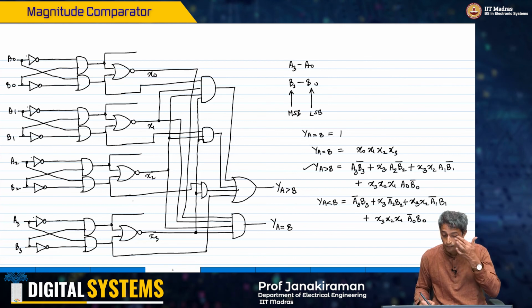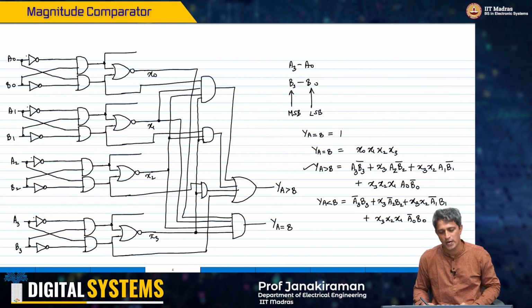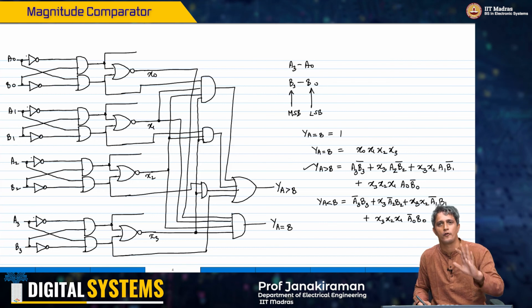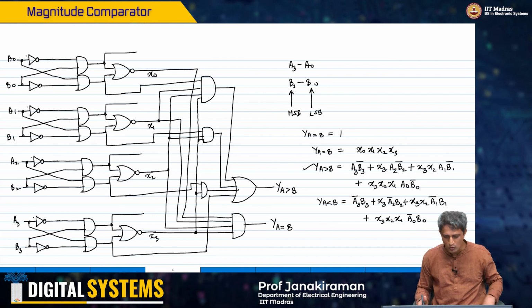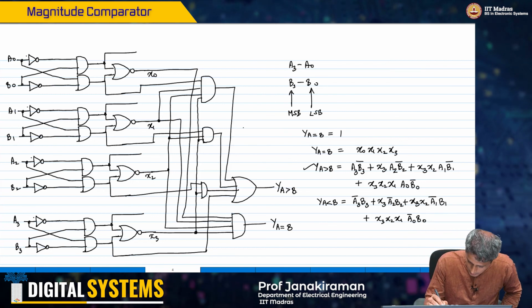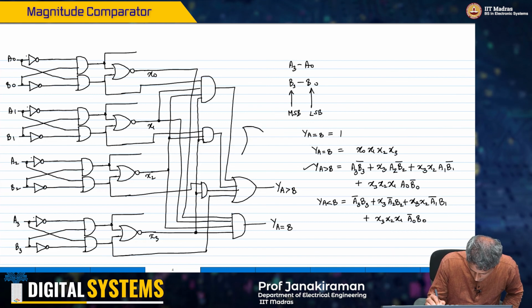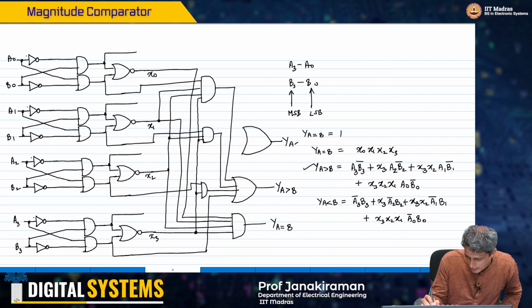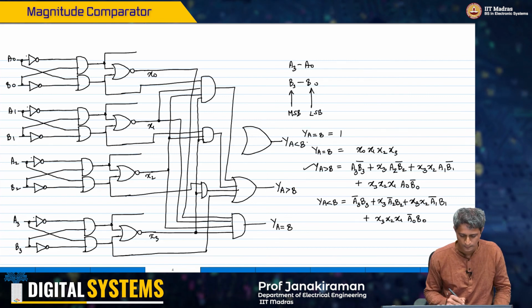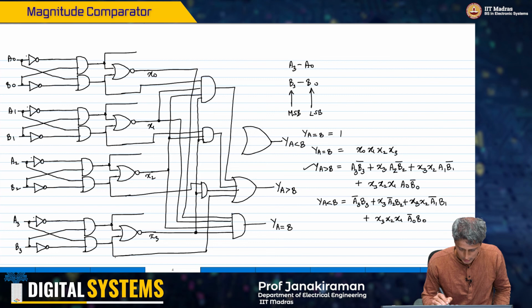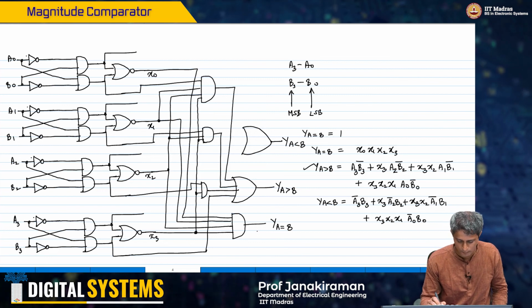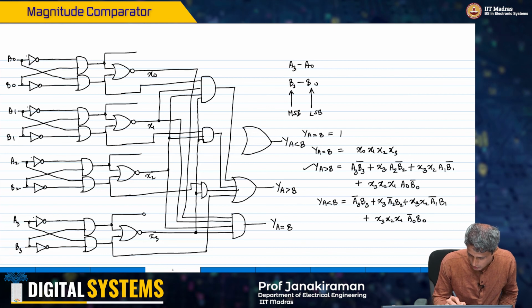You'll have another 4 input OR gate, 2 input, 3 input, 4 input AND gates, and then you OR them out and you'll get the corresponding output. So I'll just draw the OR gate here, right? Y A less than B. And of course, one of the inputs will directly come from this thing, right?